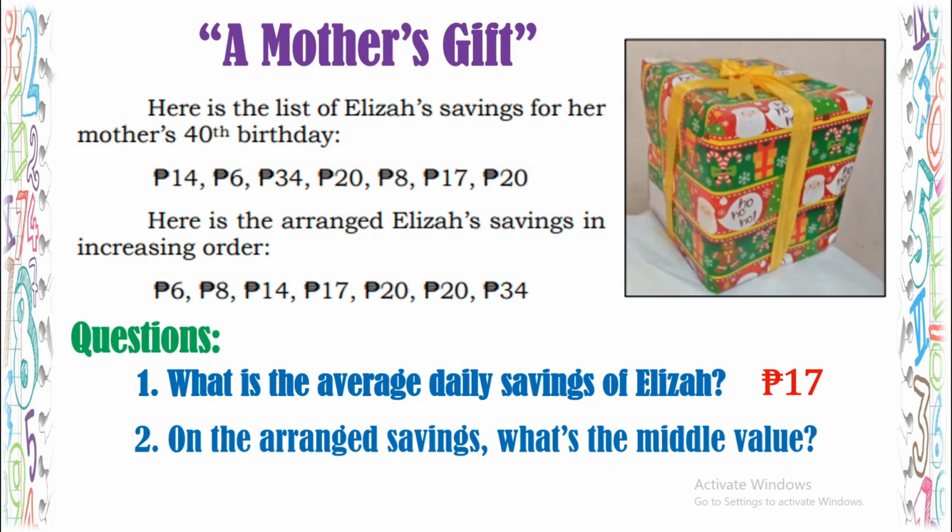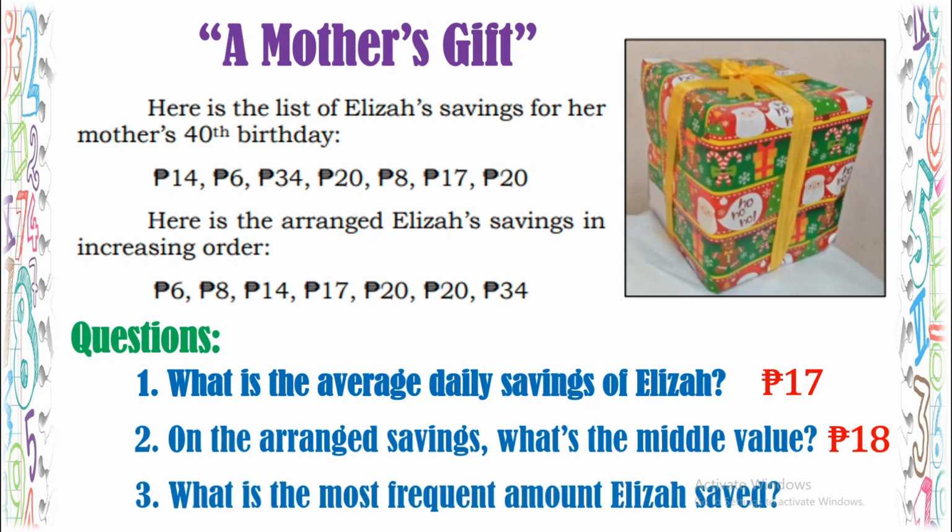What's your answer? Very good. It's 18 pesos. Next. What is the most frequent amount Eliza saved? What's your answer? You're right. It's 20 pesos because it appeared twice on the given data.